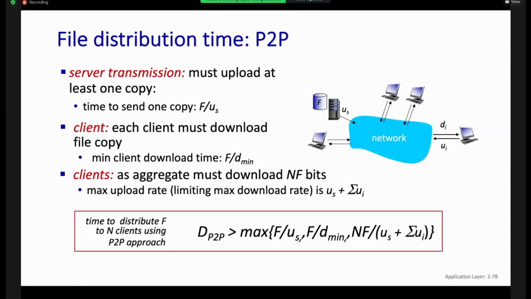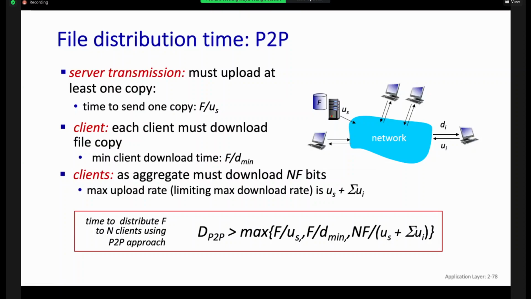So one peer joining this network can request the file and also provide that service to the network. For this case, the server just uploads one file into the network with time F over US, and each client also downloads it. Similarly, we just consider the slowest time, the maximum time, which equals F over the minimum download rate.